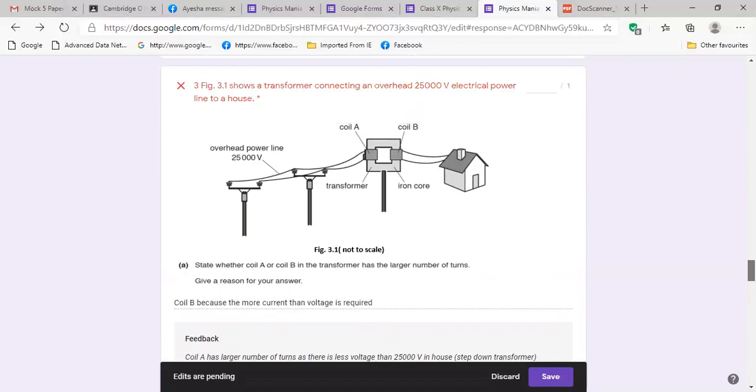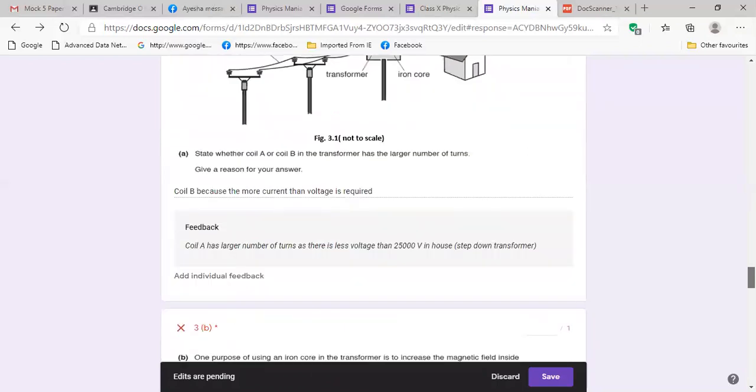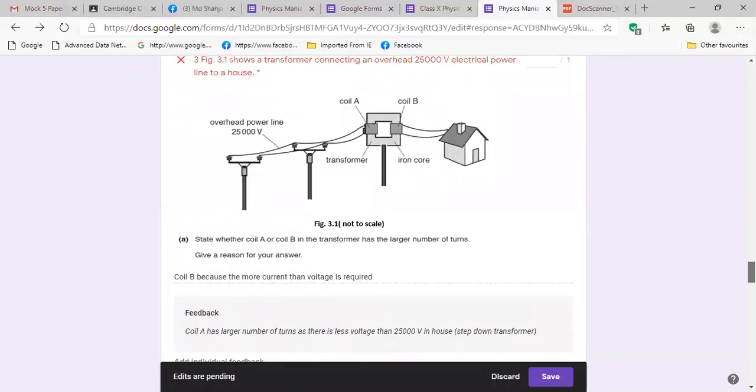Why are you saying coil A has the larger number of turns? What is the question asking? State whether coil A or coil B in the transformer has the larger number of turns. So is this a step up or step down transformer? Step up. How is it step up?